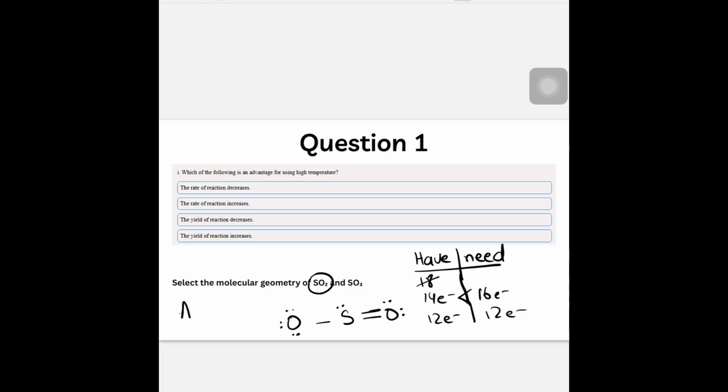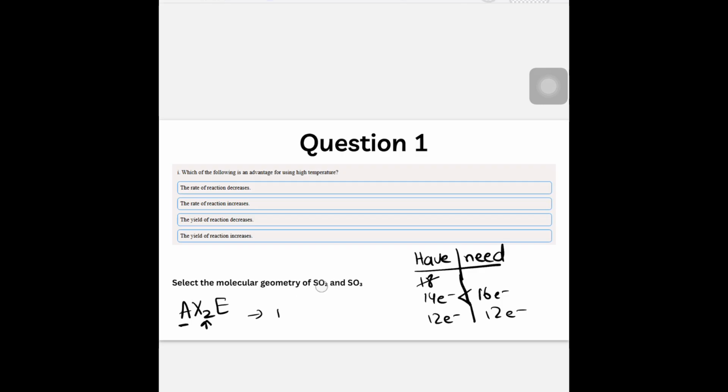So SO2 has the AX2E, where A is the central atom. I have 2 atoms connected to sulfur, and E stands for the lone pair. I only have 1 lone pair on the sulfur. And AX2E stands for a bent shape. So SO2 has a bent shape.